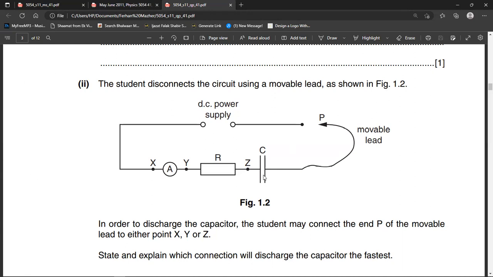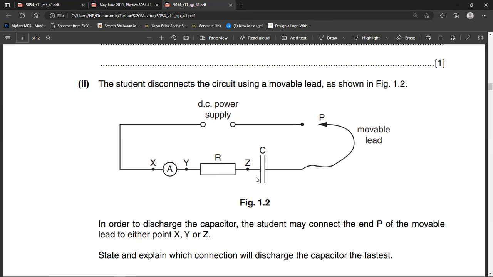For example, if you connect here, then between this plate and this plate, the path will have an ammeter and a variable resistor. So they will have resistance, so the flow of the current will obviously have opposition, so it will flow little, meaning the rate of flow of that charge will be less.